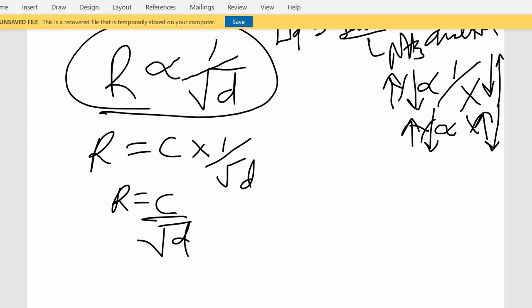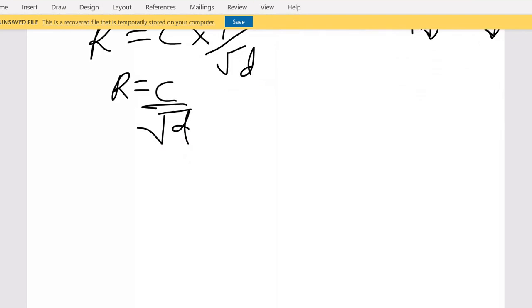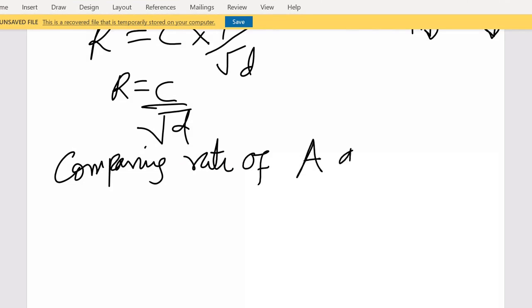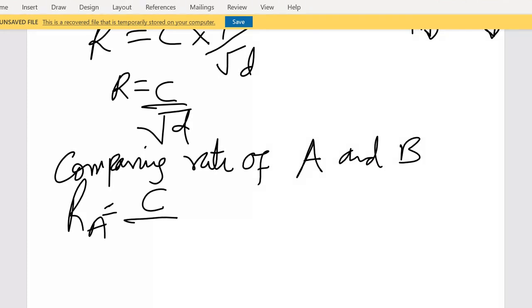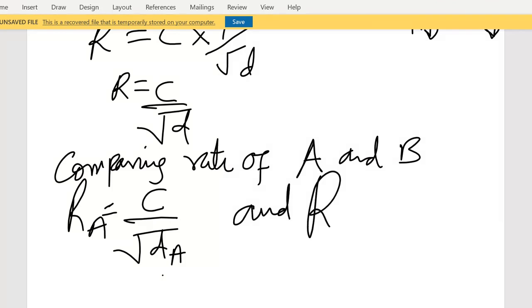So for instance, if we want to compare the rate of diffusion of A and B, it means the rate of diffusion of A will be equal to C, remember C is a constant, no change, over root dA, density of A, and RB will be equal to C over root dB.